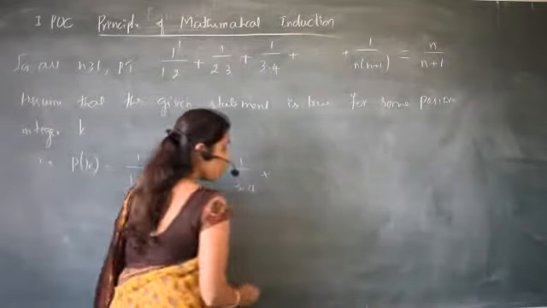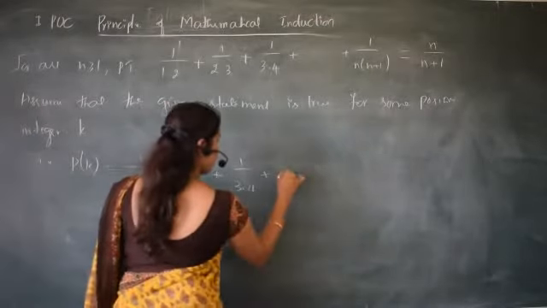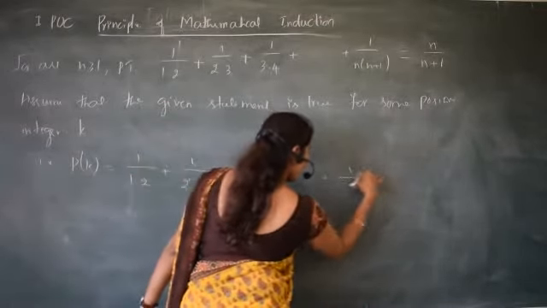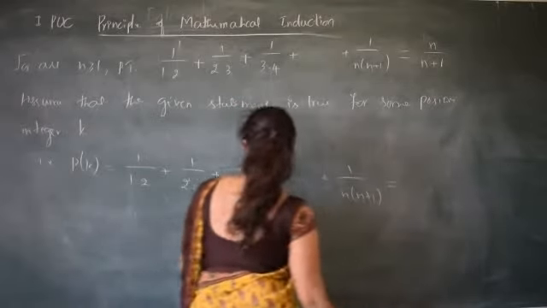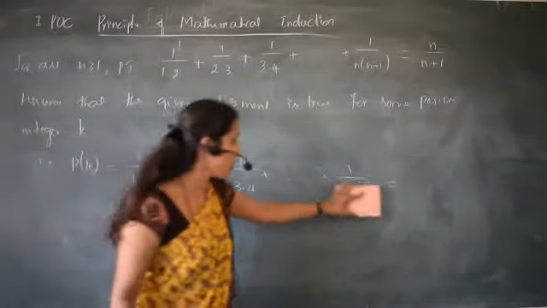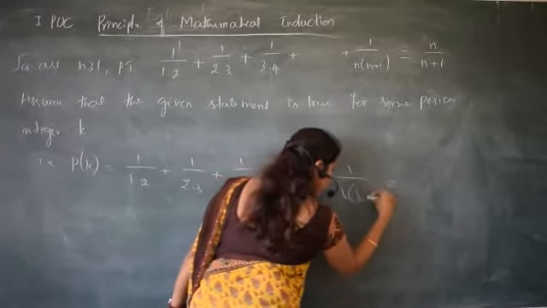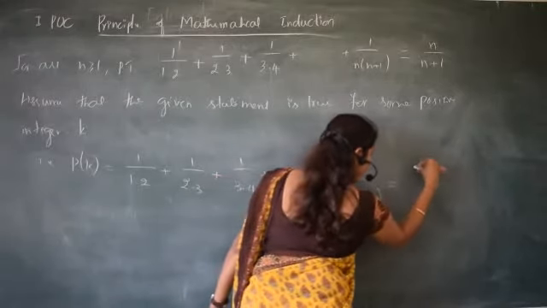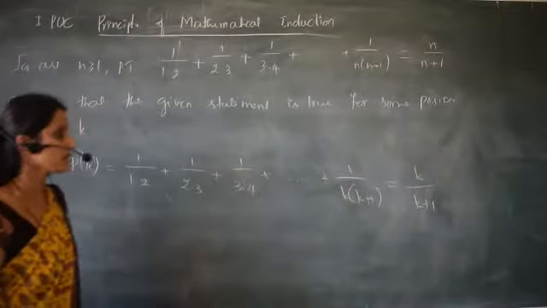Therefore, so on up to, we have to replace n by k. That's why this becomes k into k plus 1, and we get the answer k by k plus 1.